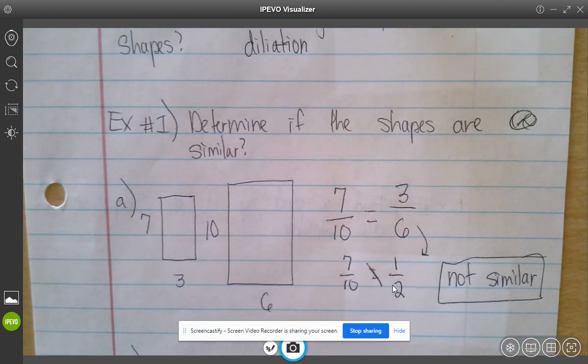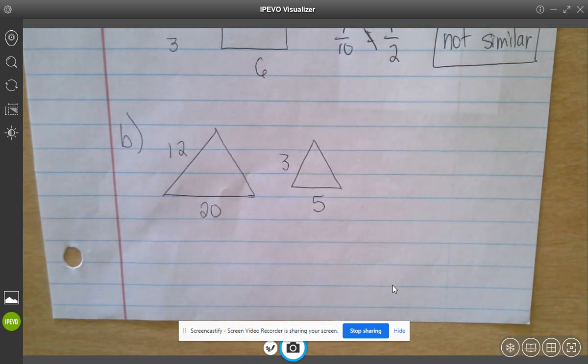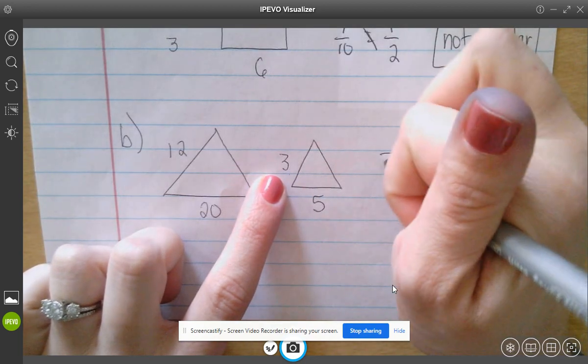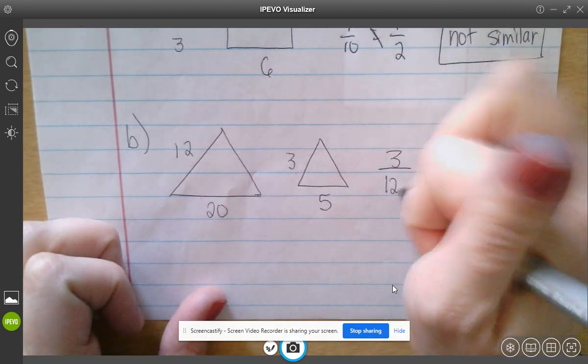Okay, so you just set up your corresponding sides and go from there. Okay, draw this next one. Okay, I'm going to set up my corresponding sides. So I always like to start with my smaller shape. It doesn't really matter, but I'm going to do 3. 3 would go over 12 since they're both a side length.